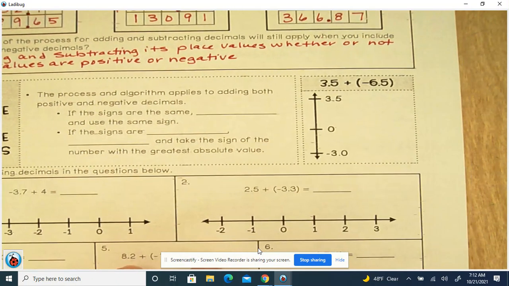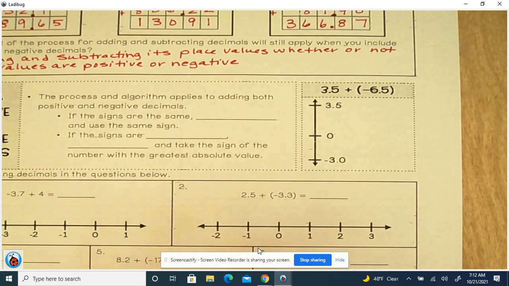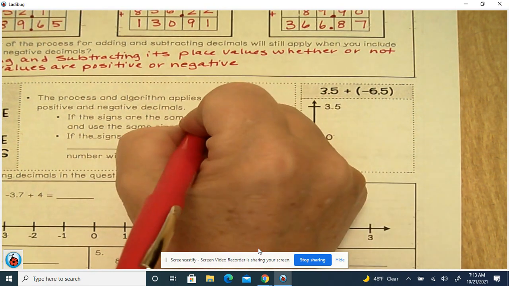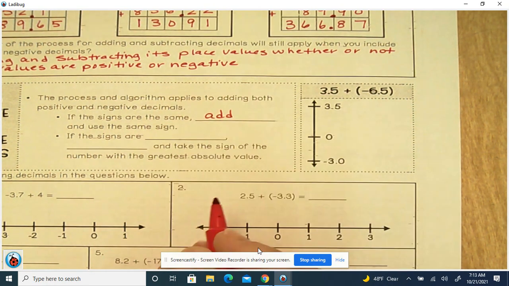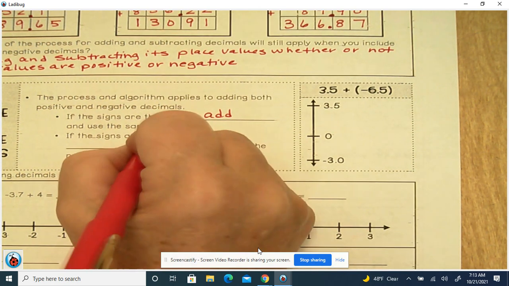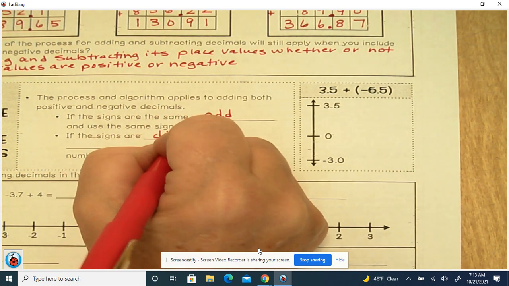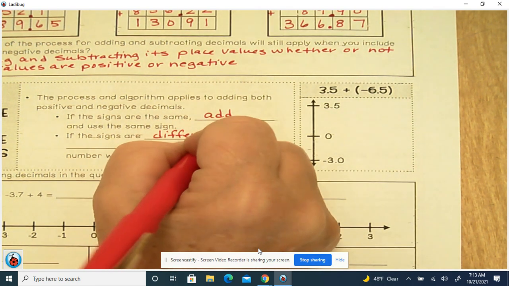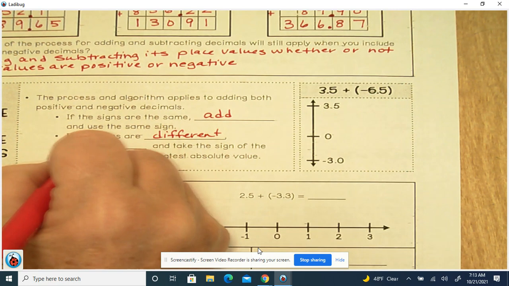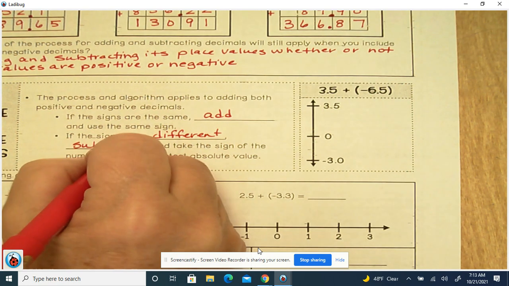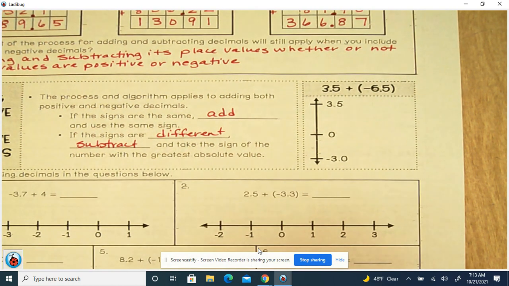All right, adding positive and negative decimals. The process and algorithm applies to adding both positive and negative decimals. If the signs are the same, add and use the sign. If the signs are different, subtract and take the sign of the number with the largest absolute value.